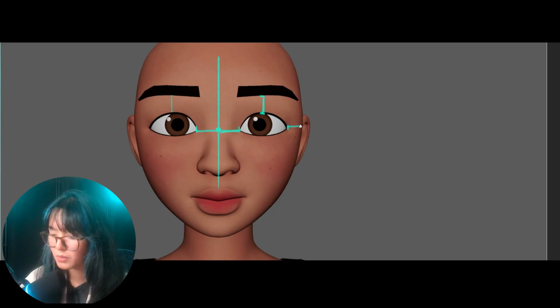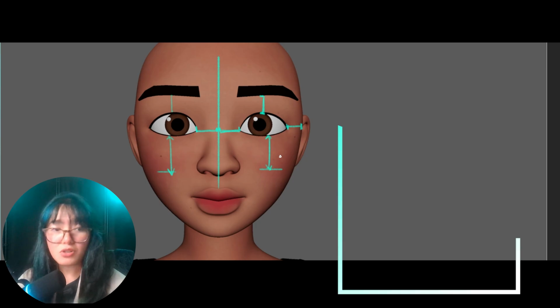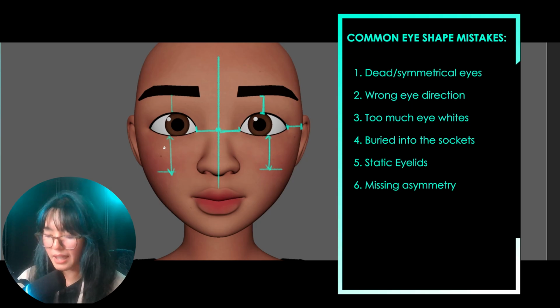And the same thing with the corner of the eyes all the way to the corner of the face. Sometimes it's nice to also pay attention to where the cheek line is and also look at the distance between that one. Adding asymmetry to the face is breaking every single one of these lines.